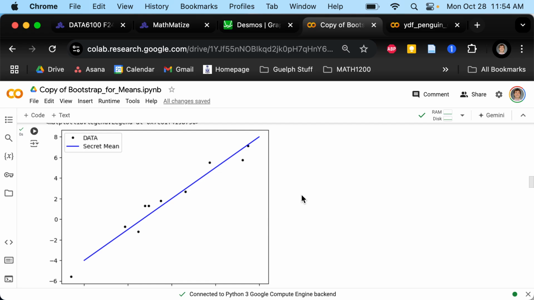We receive 10 training points taken from this secret mean function with some noise added. So this is like the cannonball problem, except it's a straight line. How am I going to analyze this? So far, you take this whole thing and do linear regression. I'm going to show you how to do that with bootstrapping. Hopefully you understand the problem well enough that the bootstrapping part will be easy to understand.